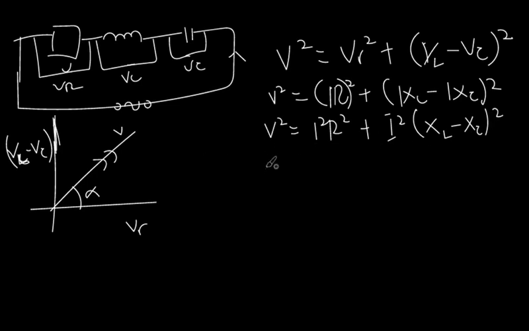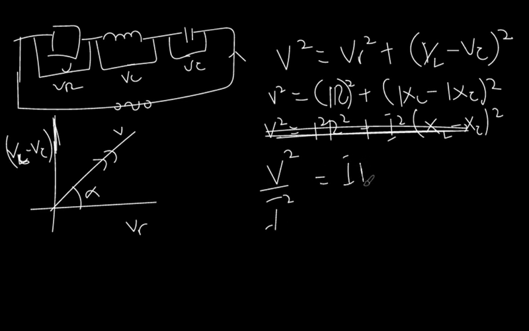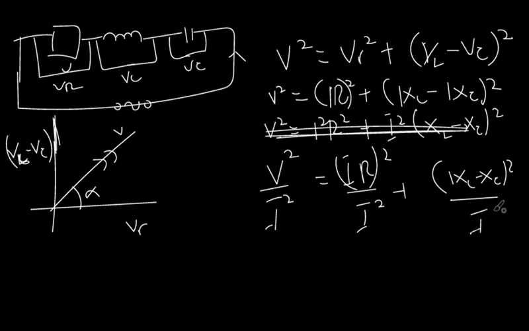If we divide both sides by I squared, we have V squared divided by I squared, and then plus XL minus XC all squared divided by I squared.